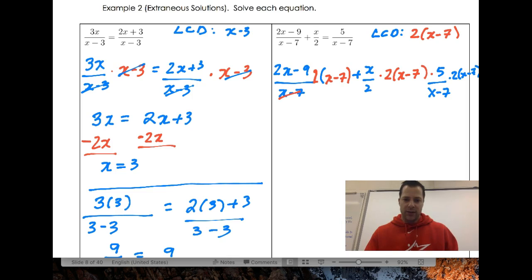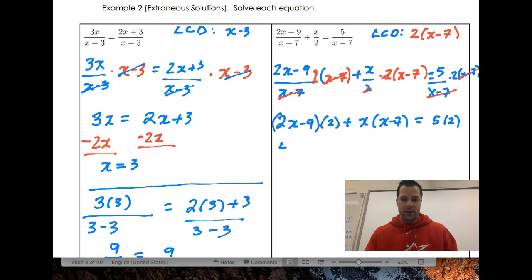So x minus 7 cancels out with this x minus 7, and this 2 and this 2 go to 1. So we're left with 2x minus 9 times 2, and this whole thing should be in parentheses, plus x times x minus 7, equals 5 times 2.